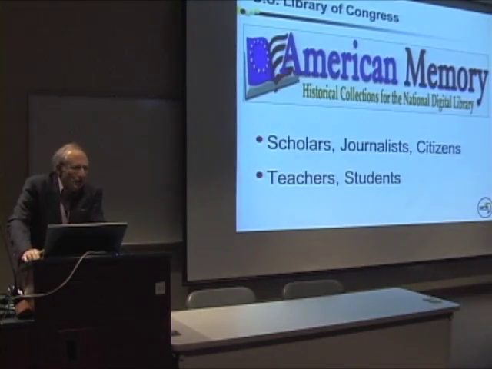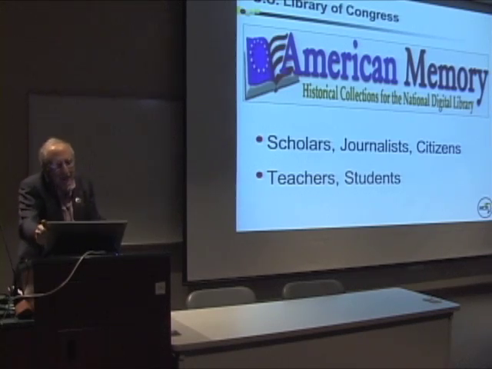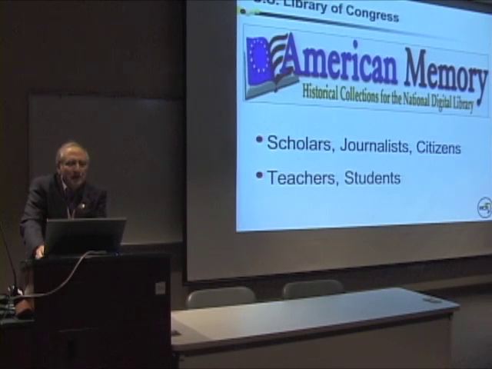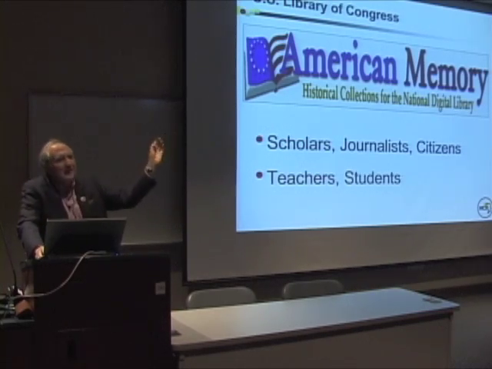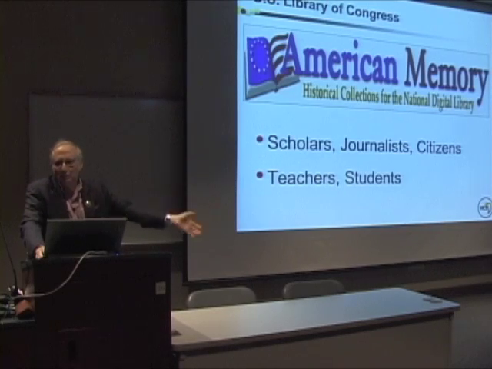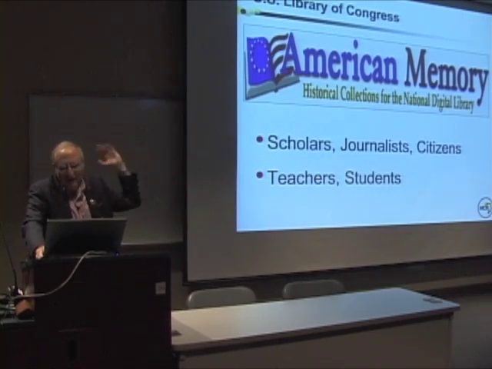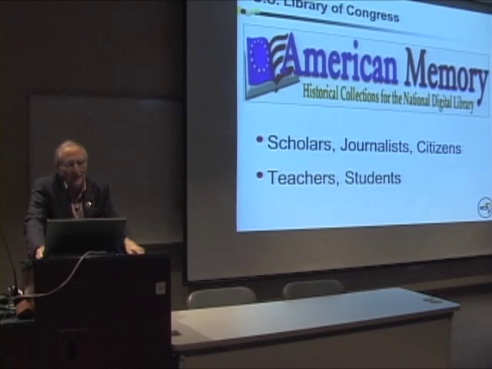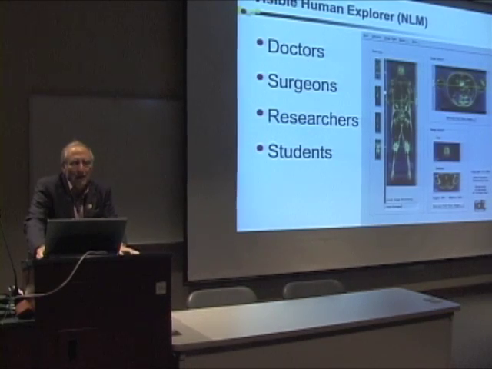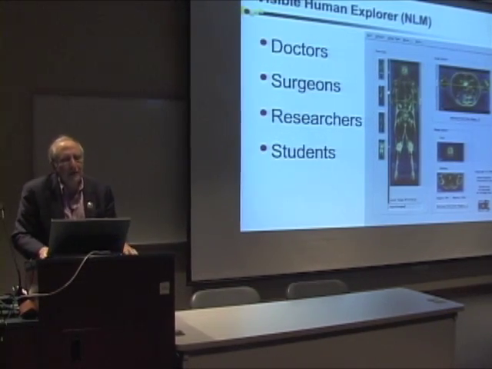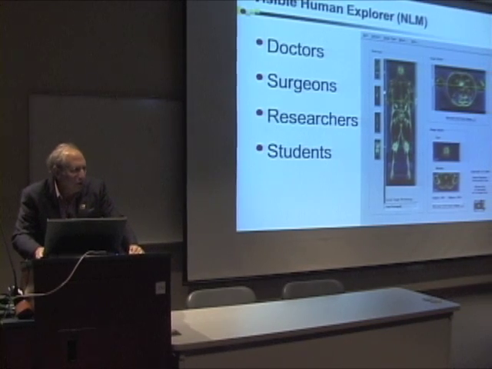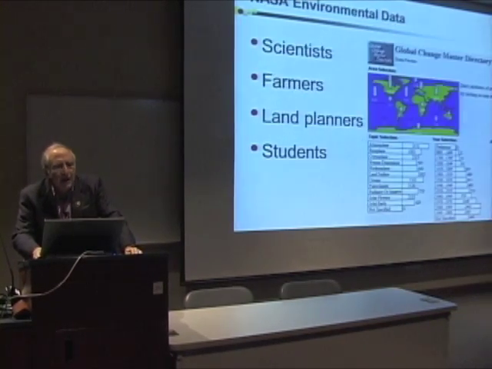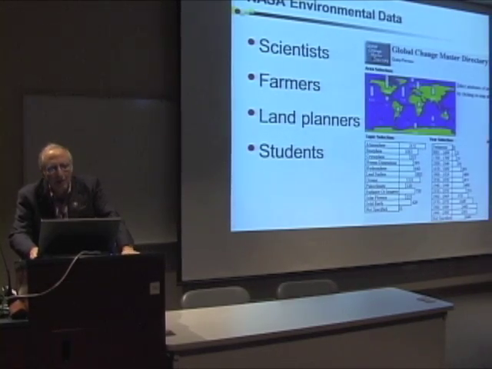And we've had the pleasure of putting our ideas to work on many important projects at the Library of Congress, helping put the 7 million items in American memory, the handwritten letters of George Washington, the notebooks of the poet Walt Whitman, 200 collections of photographs, movies, scripts, and so on. We've worked for the Library of Medicine on many projects, maybe most well known as the Visible Human Explorer. We worked for NASA, which is just 3 miles down the road from College Park.